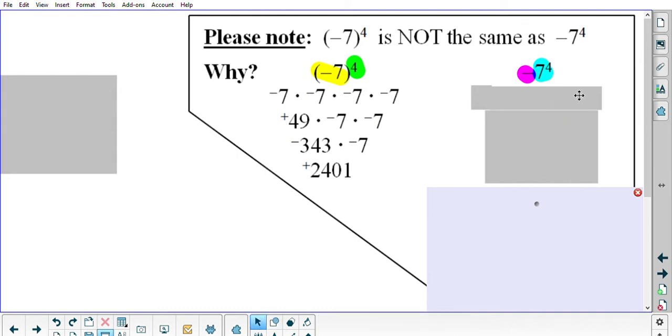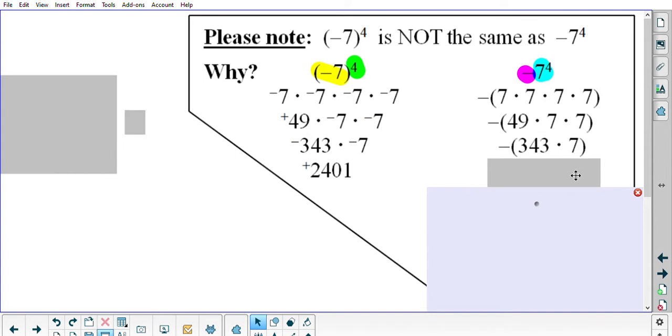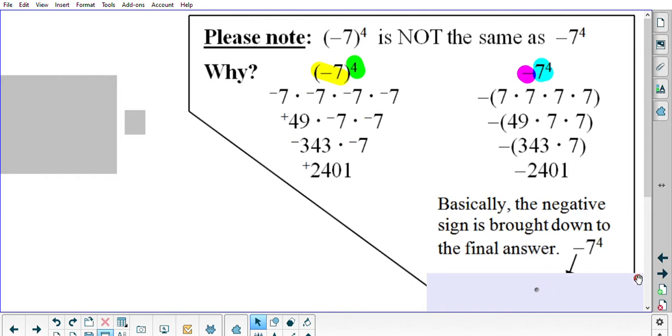So you would take 7 to the 4th power first and then make the answer negative at the end. So that would end up giving you 2,401, and then the negative stays to the left of that answer. So basically, the negative sign would just be brought down onto the final answer because it happens last according to order of operations. So this is why I taught you at the top of the page.